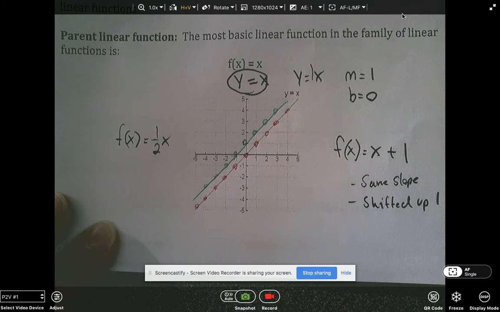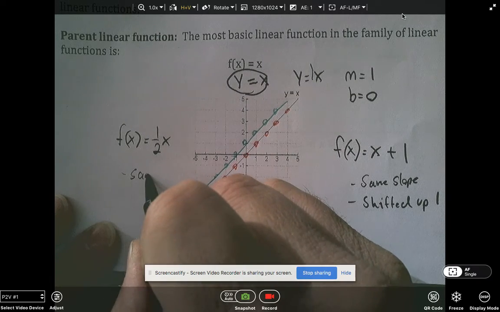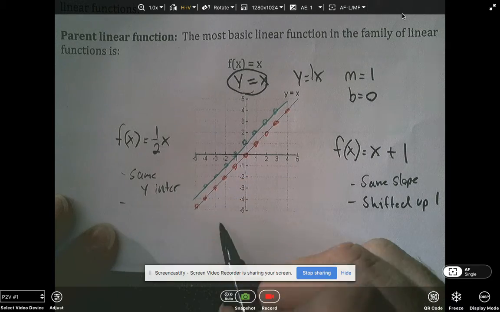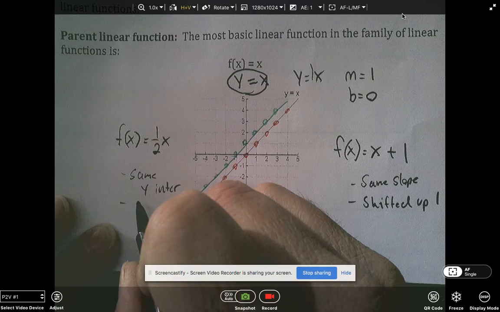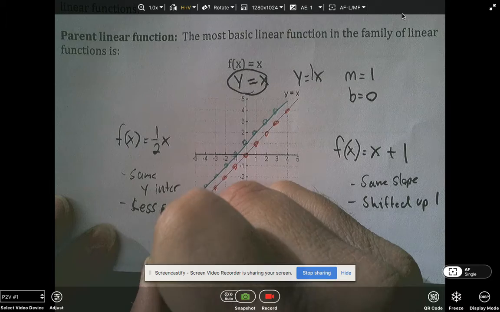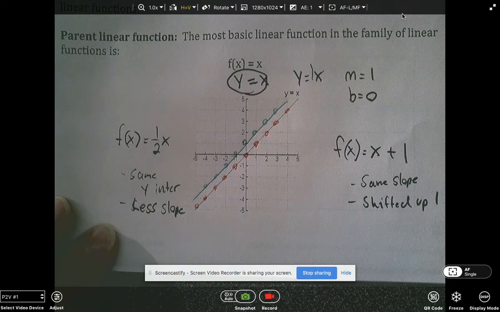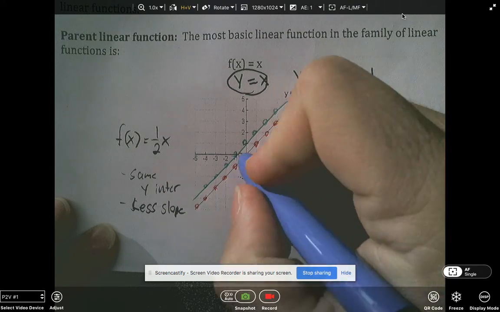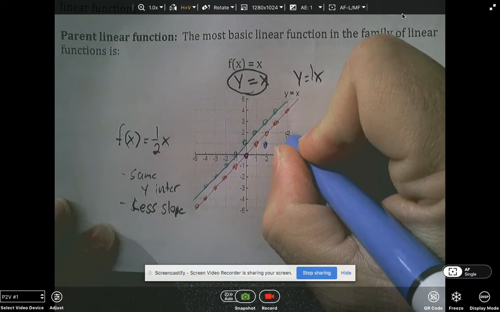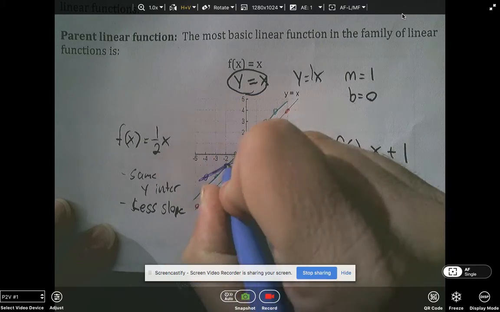Hopefully you said that the y-intercept is the same, and then maybe you said a smaller slope, or less steep of a line, however you word it. So if you did this one in blue, you'd stay here, but now your line would be up 1 over 2, up 1 over 2, down 1, left 2, down 1, left 2. And so that'd be like that.